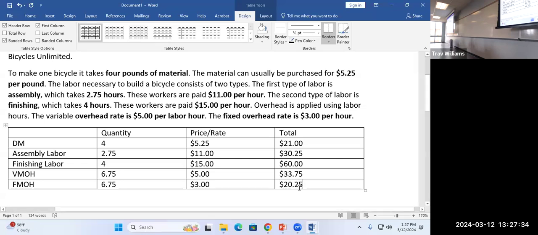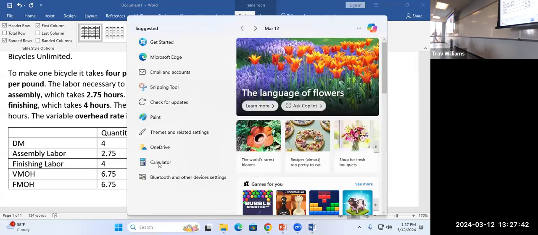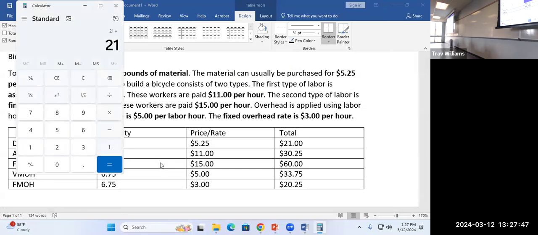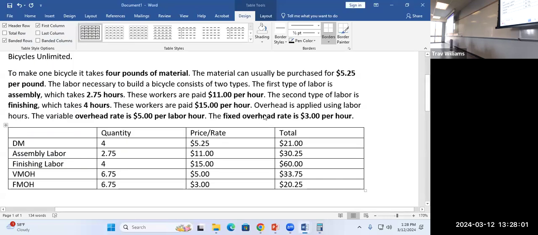Okay, great. And then we could add it all together, and we'd have a grand total. Okay, 21 plus 35 plus 60, 33.75, 20.25. I think that's what you said, Jordan, right? 165.25. Okay. So that would be our standard cost for 1 unit of this product, a bicycle, would be 165.25.